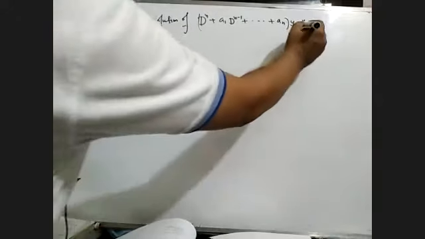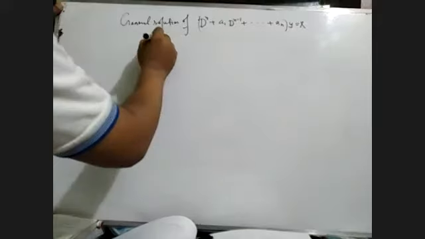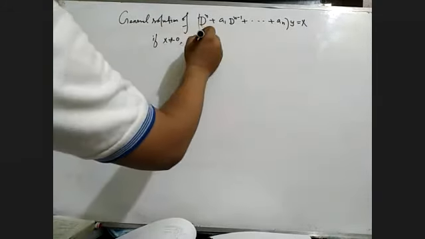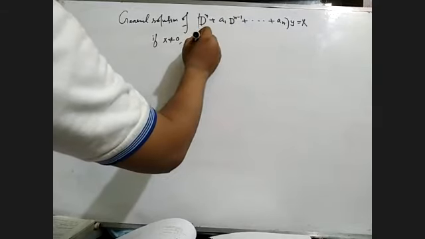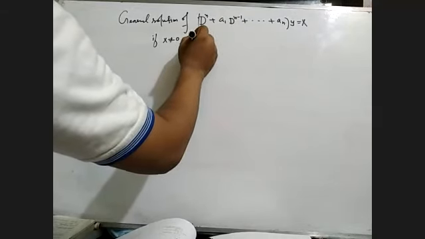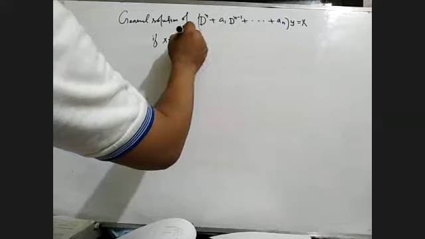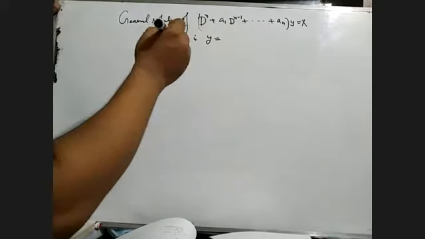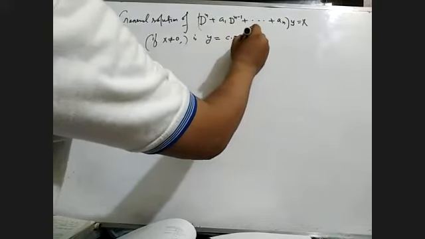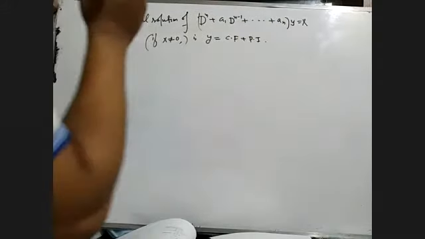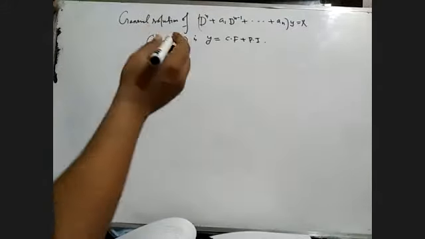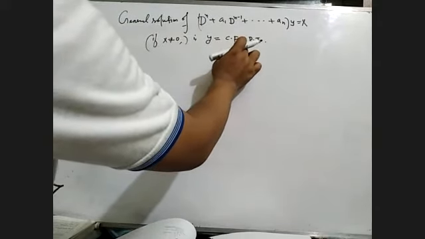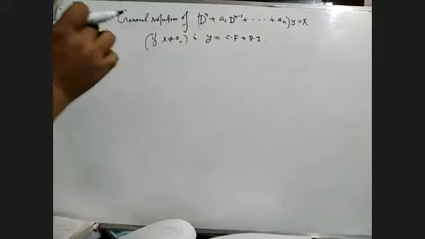Now, if the right hand side is not equal to 0, then the solution will be y equals complementary function plus particular integral. That means we have to find the general solution. First we find the complementary function, then we add the particular integral.